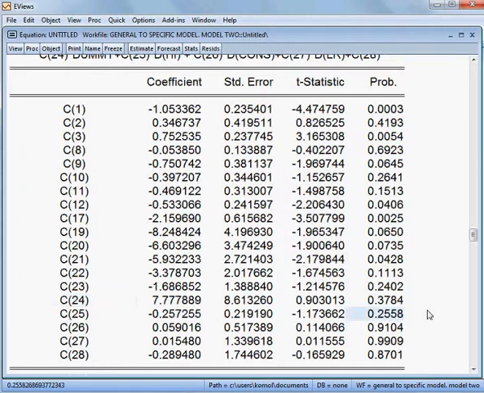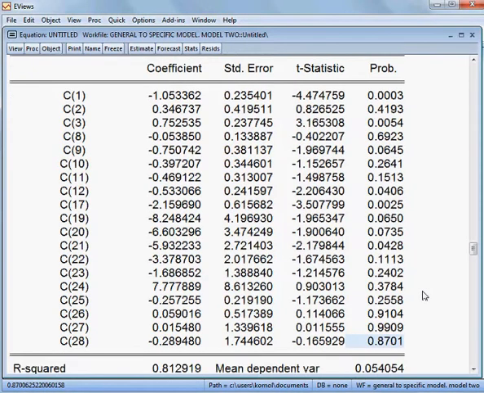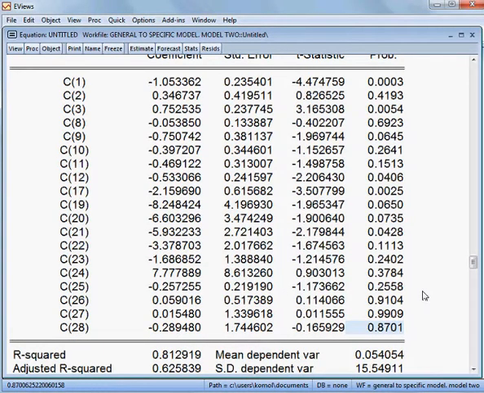Then C25 not significant, C26 not significant, C27 not significant, C28 not significant, right? So only a few short run coefficients were found significant.